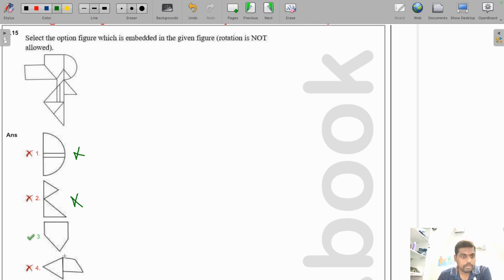The triangle symbol is here only, but after the triangle we don't have this shape, so this is also eliminated. You can check the last option, the third option. If you see here, you can observe, it is hidden here.